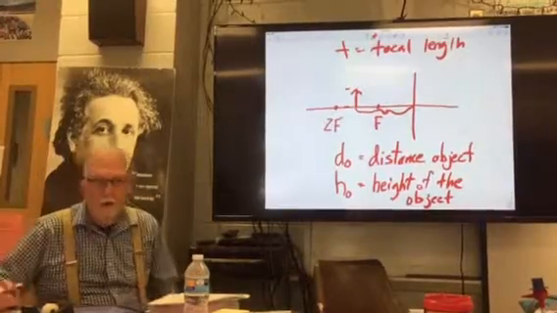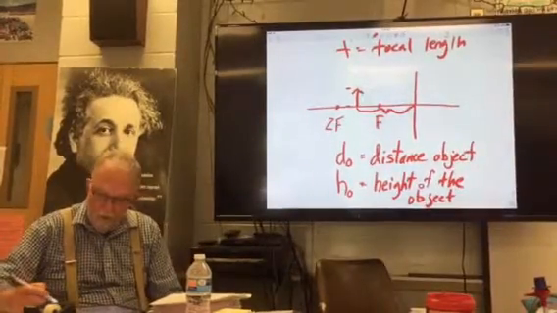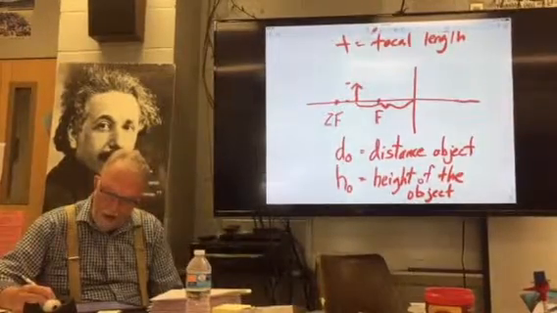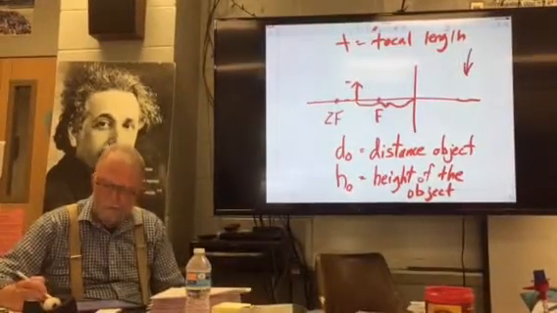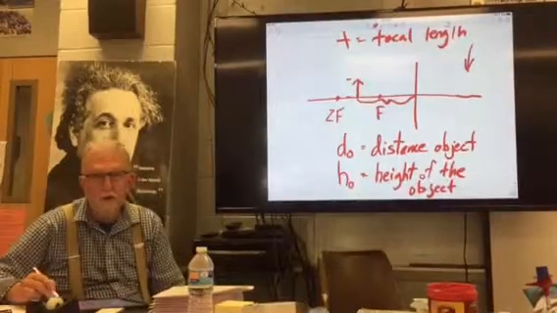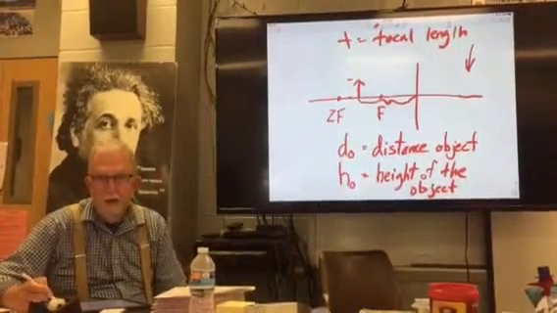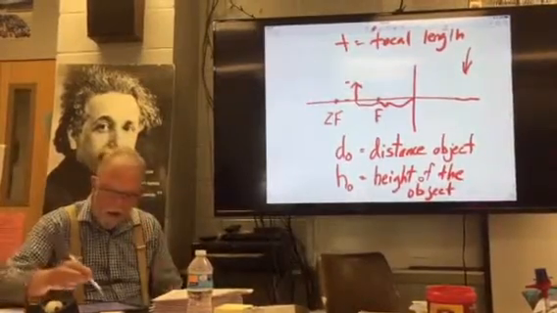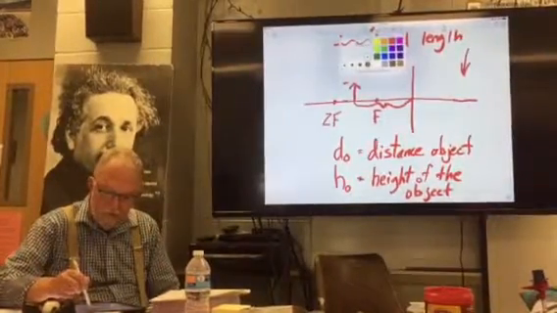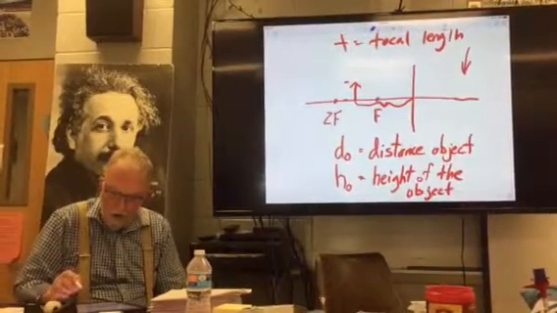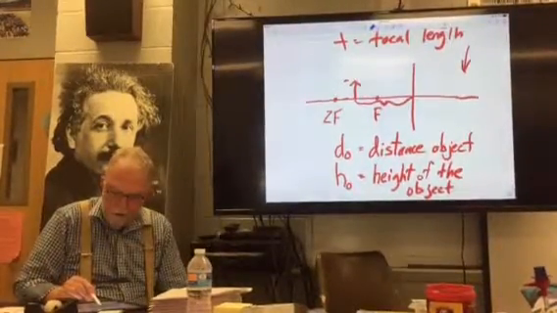Okay, now drawing a ray diagram will tell you what the image will look like on this side of the lens, because of course the light's passing through, and that little movie screen over here is going to be where the image is. So if we're going to draw a ray diagram, I'm going to use nice different colors here. I'm going to go with a blue. So the first ray does this.